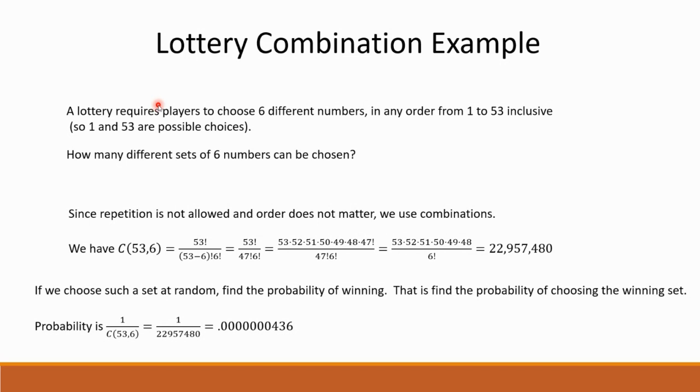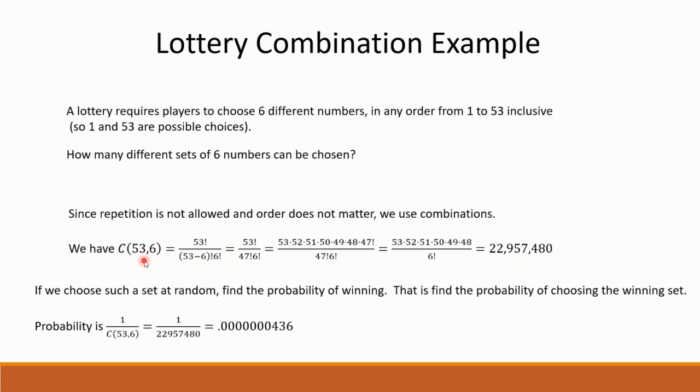The first question is, how many different sets of 6 numbers can we choose? Well, remember, in any order, so order doesn't matter. And they have to be different numbers, so there's no repetition, and order doesn't matter. So we're going to have this here. I did use this factorial stuff. You could just write out the answer from here to here. I'm just showing more work because I want people to understand.